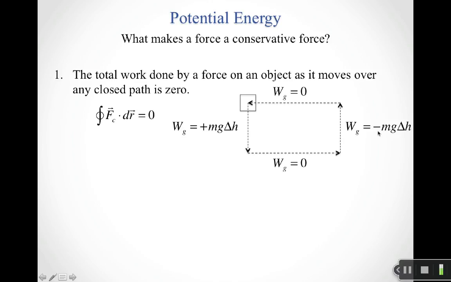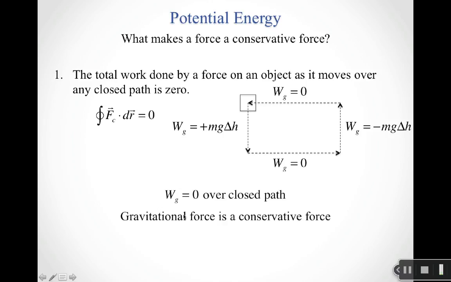When I lift it back up, gravity does negative work on it. Then when I slide it back over, because it's staying at the same height, no work is done by gravity. So I have a closed path, ending back where I started. When I add up the work over all four legs, I get plus mg delta h, plus 0, minus mg delta h, plus 0, and all four add up to 0.